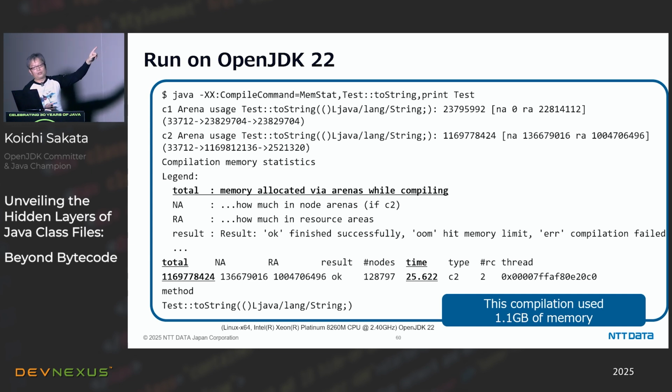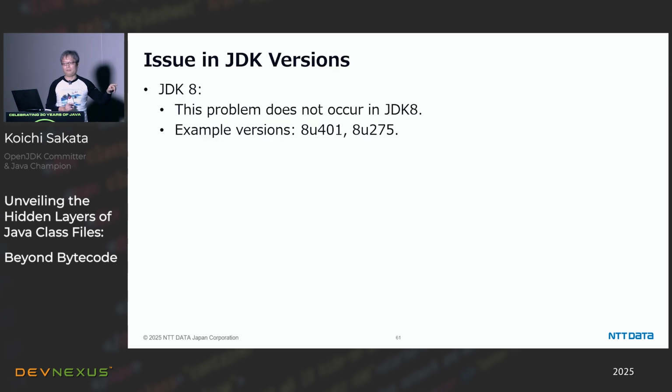As a result, JIT compiling the toString method consumes 1.1 gigabytes of memory and takes 25 seconds to compile. This problem does not occur in JDK 8. I have run it on JDK 8 update 401 and 8 update 275. Both versions did not have this issue.